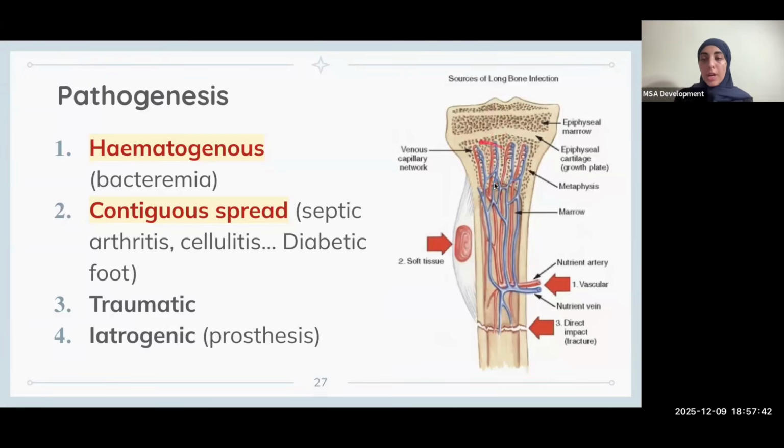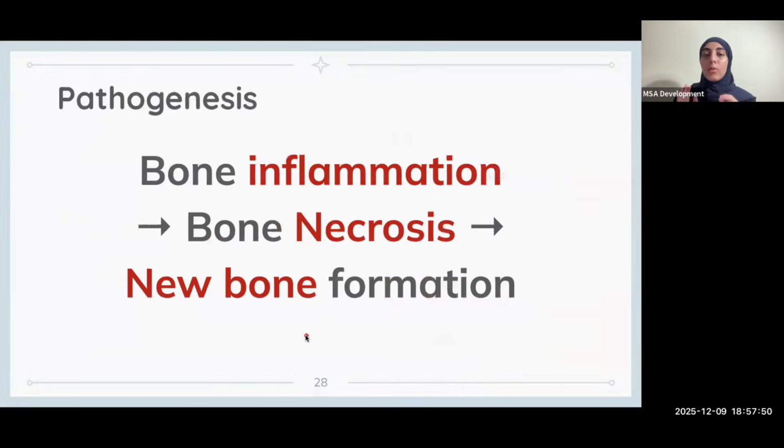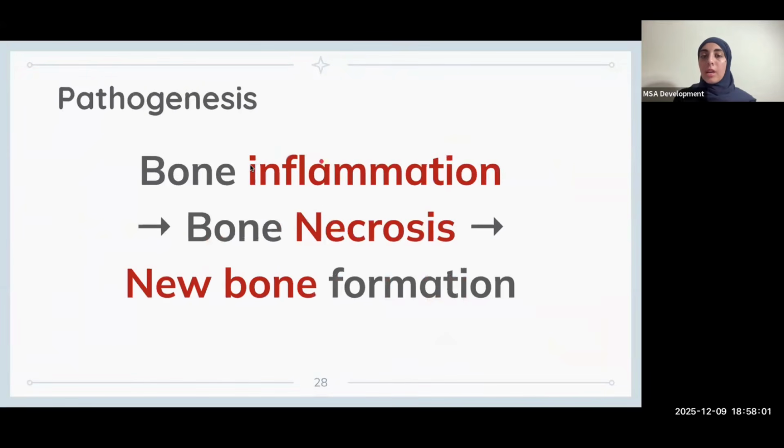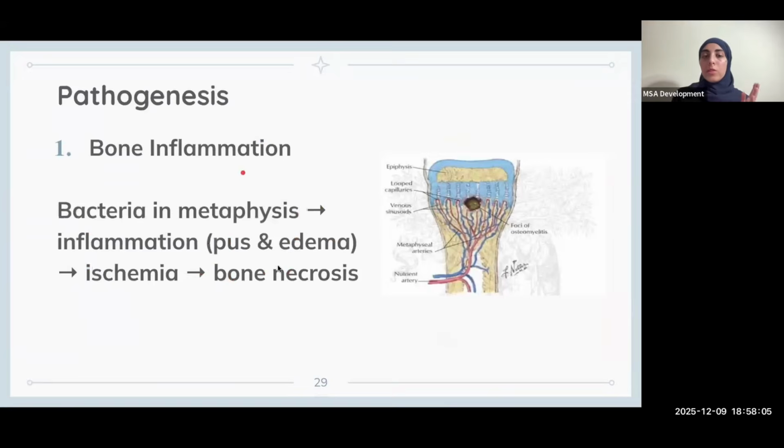So the structure of the vessels is an important factor in how the infection comes to be. And we have three main steps in the pathogenesis of osteomyelitis. After the bacteria reaches the bone, you're going to have inflammation, necrosis, and new bone formation. So first, inflammation.